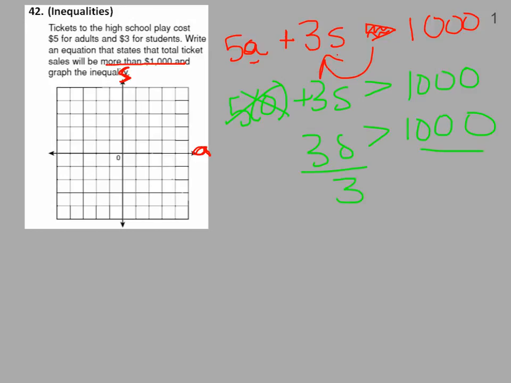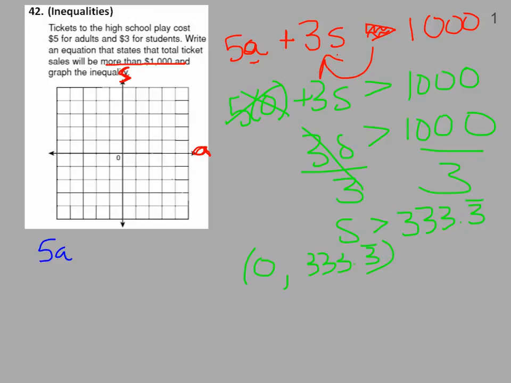Divide by 3 on both sides, and we get S is greater than 333.3 continued. So one of our points is, since A is X, 0, and then 333.3333333.